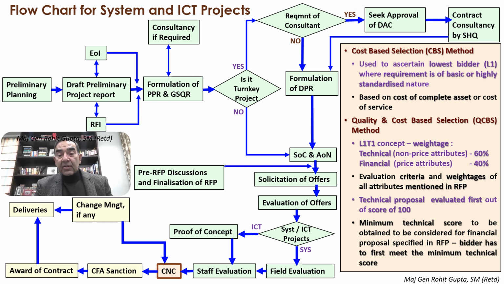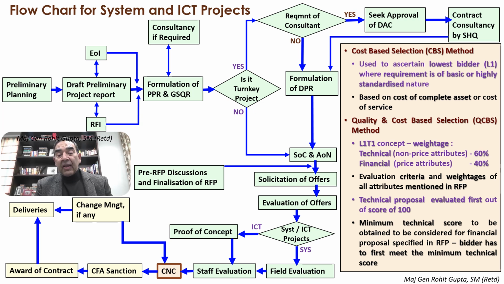As per the process, the technical proposal of the vendor is first evaluated and it is given a score out of 100. Now the vendor has to attain a minimum technical score. This minimum technical score is specified in the RFP.